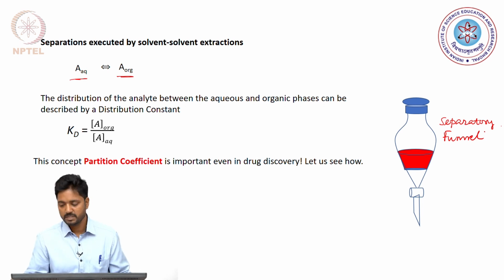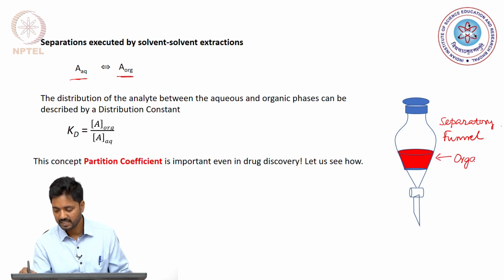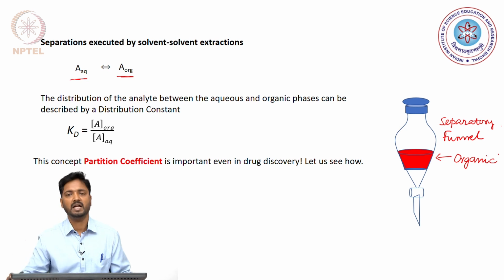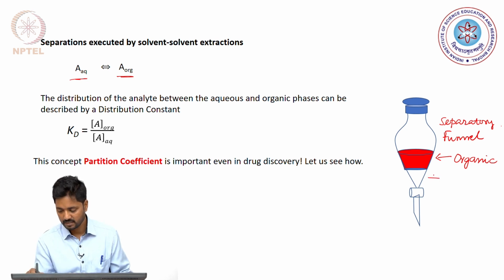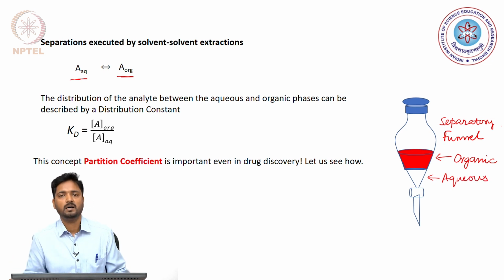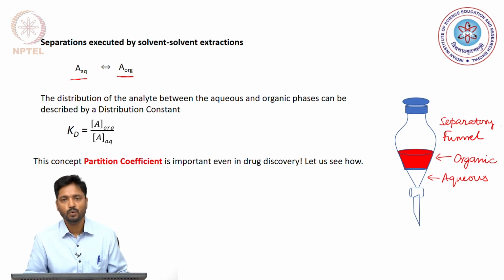So, what we do is we take, for example, the organic layer, that is typically the lighter layer, and the aqueous layer is the more dense layer. So, it forms the lower part of the separated layers.